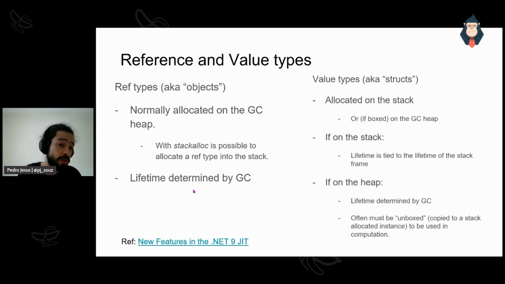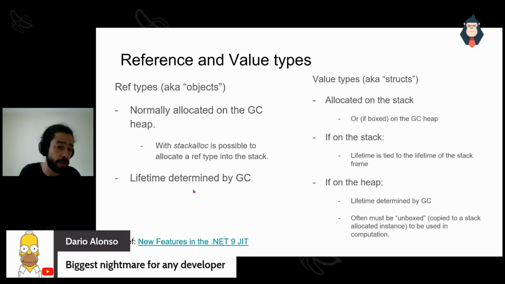And sometimes you can allocate those reference types on the stack. For example, you can use stackalloc to allocate an array on the stack. Also the just-in-time compiler, at least on .NET 9, can perform some optimizations, and instead of allocating your object on the managed heap, it allocates it on the stack frame.